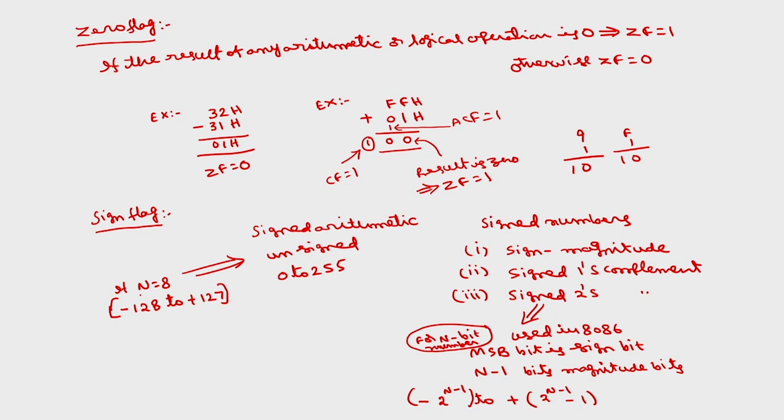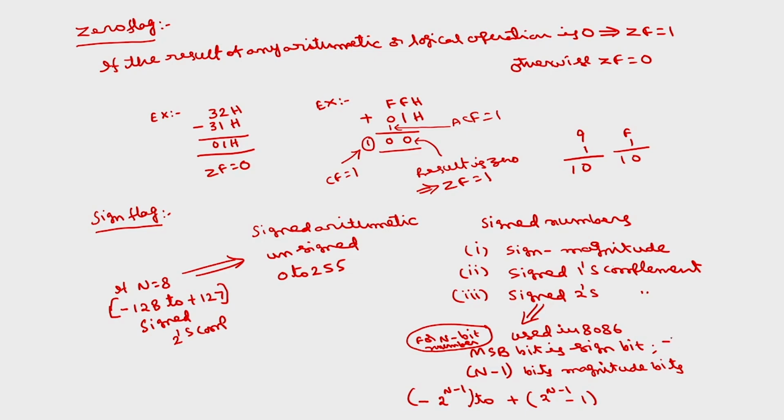Whereas if I use signed 2's complement representation, the first bit I am using for the sign bit and the remaining n minus 1 bits we are using for the magnitude bits. So, the sign bit is again here.